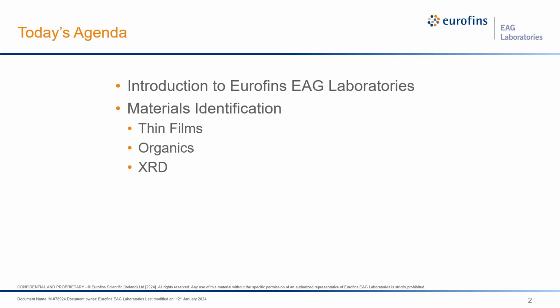And because we only have an hour to spend with you here today, we're going to shrink down that conversation to 3 different groups. We're going to talk about thin films. We're going to talk about techniques for materials identification of organics. So maybe longer molecules as opposed to thin films, where we're typically looking at simple structures, elemental analysis, organics, longer range order, molecules.